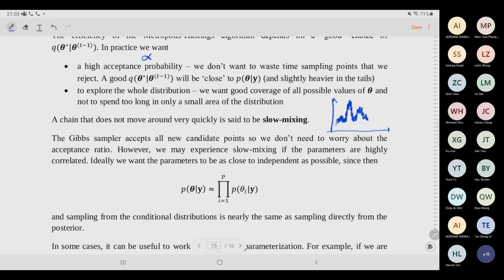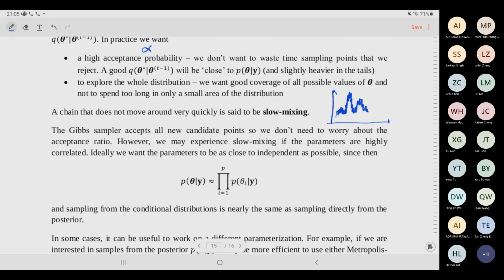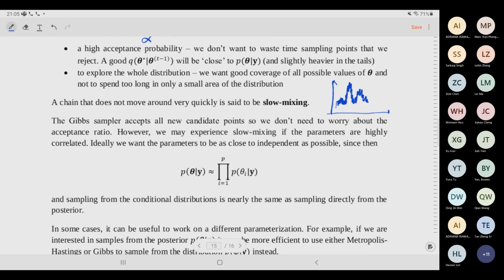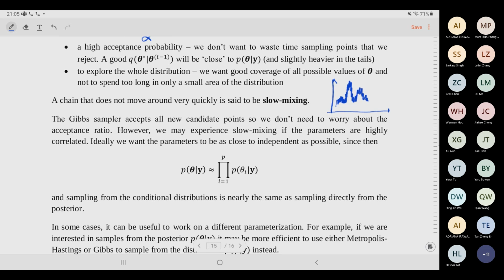The one thing about the Gibbs sampler is of course we don't have to worry about alpha, because the Gibbs sampler has an acceptance probability of 1. But as from the graph that I showed you before, if the parameters are highly correlated, then we might experience slow mixing.